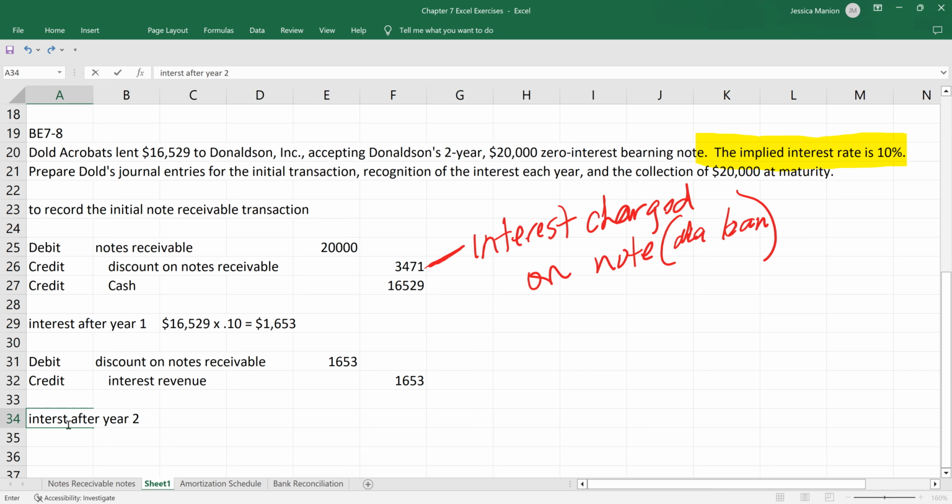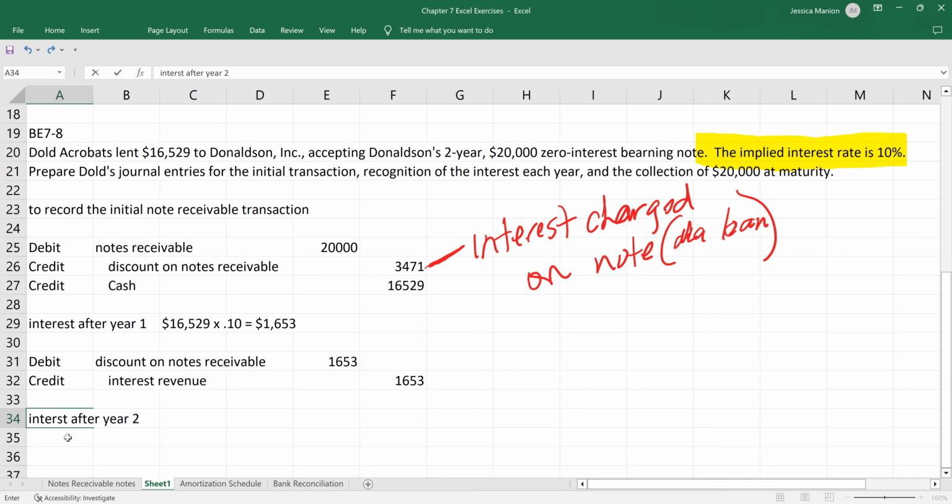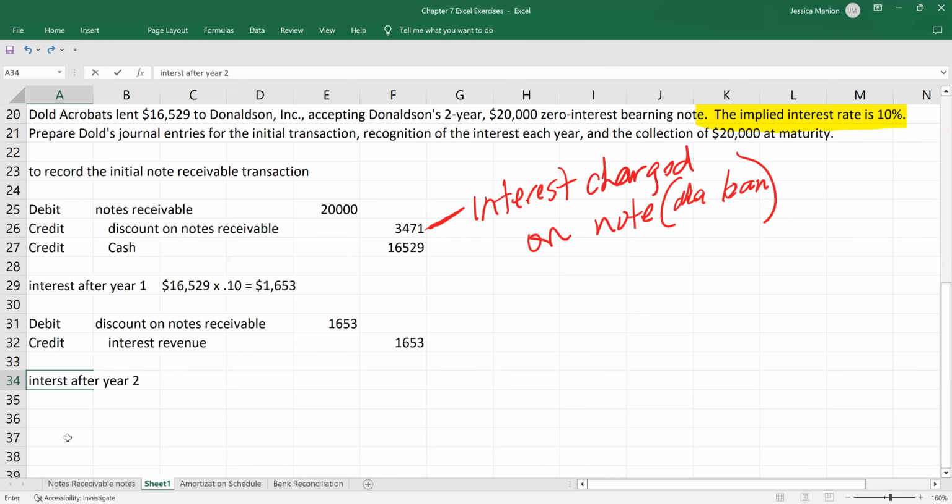Except now, instead of using 16,529, which I meant to circle here, our carrying value of this note is what matters. 16,529 is what we started at.